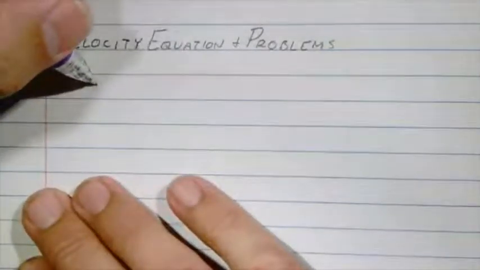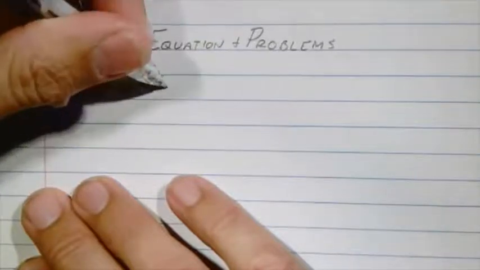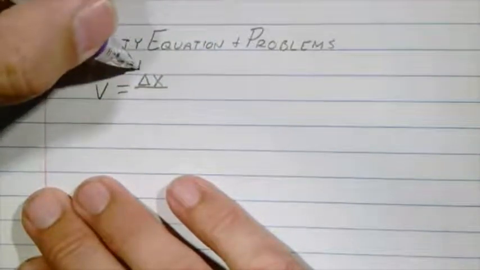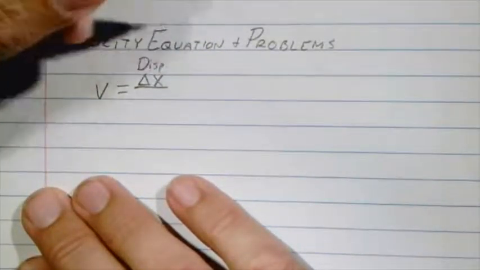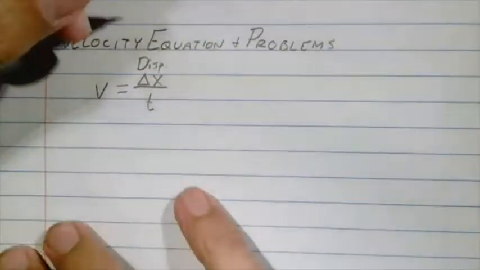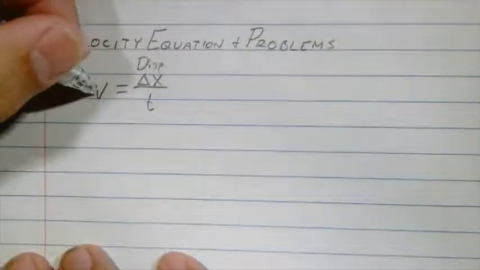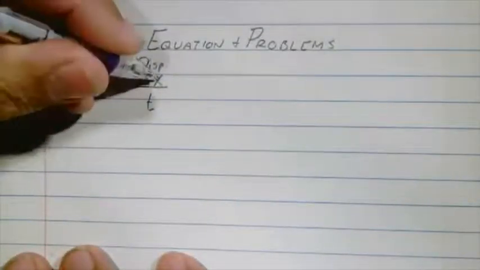So the velocity is change in position, which is my displacement. I'll just write displacement up here, per unit time, delta x over t. Now there's one change I'm going to make here. First of all, we need to understand those are both vectors.